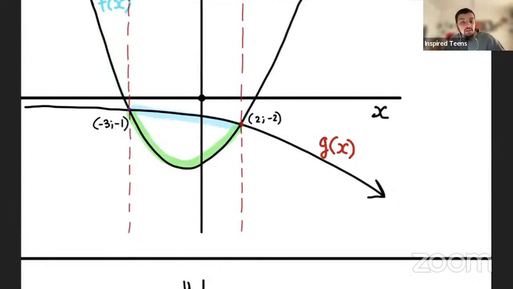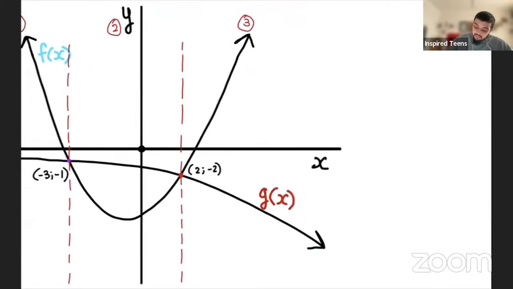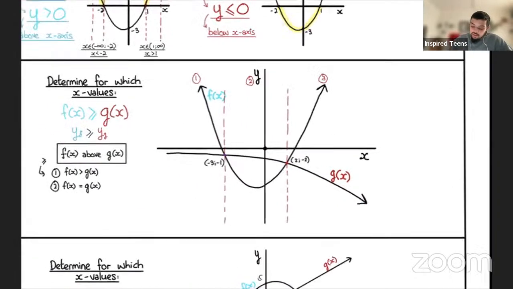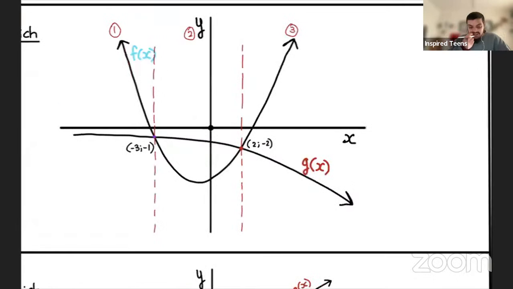In this case, which one is above? We can clearly see that g of x is above. Let's look at the next portion. F of x, g of x. Which one is above? Clearly f of x is above. Okay, so that's how you determine which one is above or below. You can separate it into, in this case, 3 different sections because they intersect twice.